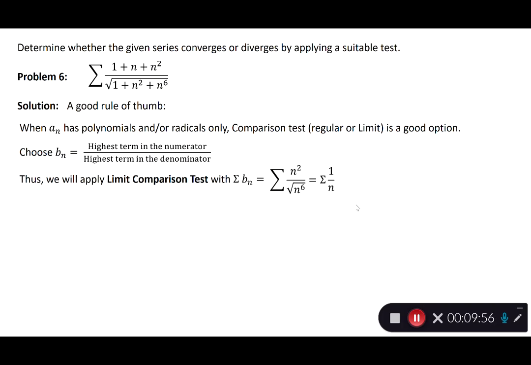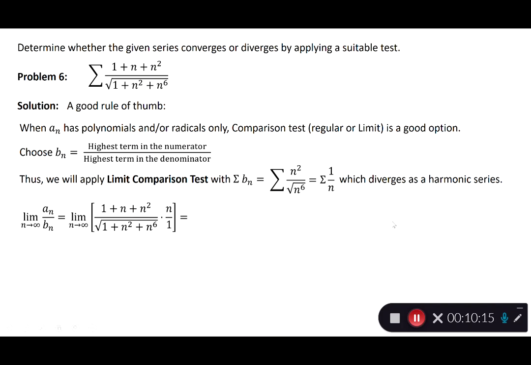Now, take a look at the handout. How do you apply the limit comparison test? You figure out the limit of a sub n over b sub n, right? Oh, by the way, sigma 1 over n diverges as a harmonic series. Our sigma b sub n diverges. We also need to know that. So let's figure out the limit of a sub n over b sub n as the test requires, as n approaches infinity.